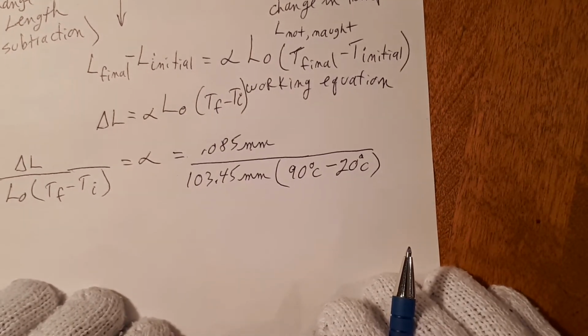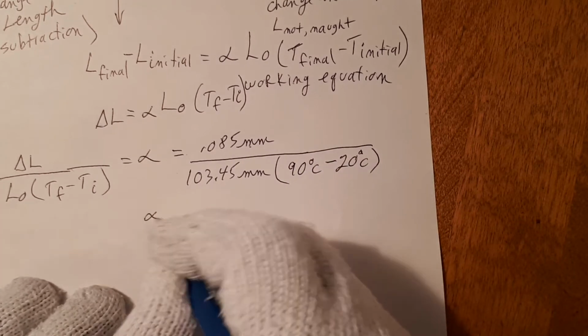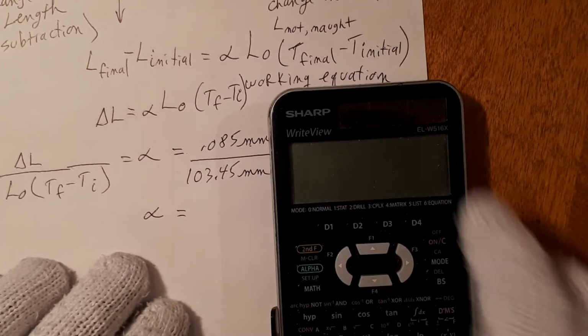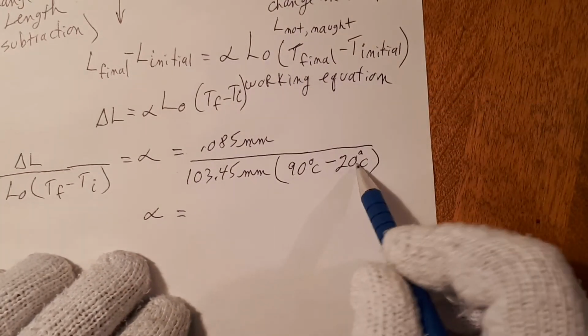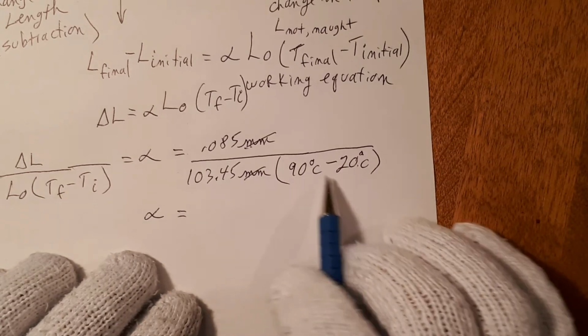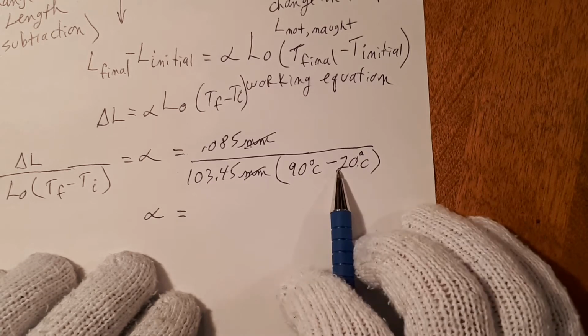So we have everything we need. It's just a matter of putting these values into a calculator to calculate alpha. Let's look at the units. Millimeters and millimeters cancel out, and what's left over is degrees Celsius, and it's in the denominator.